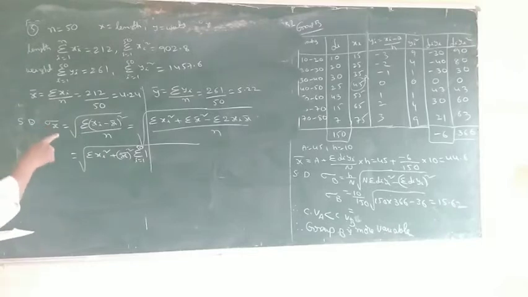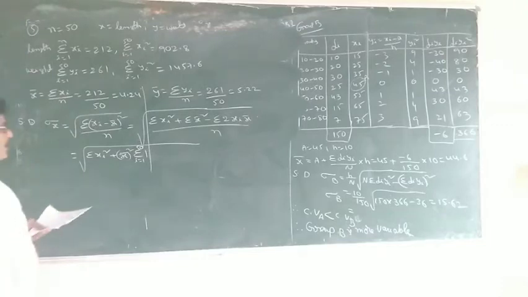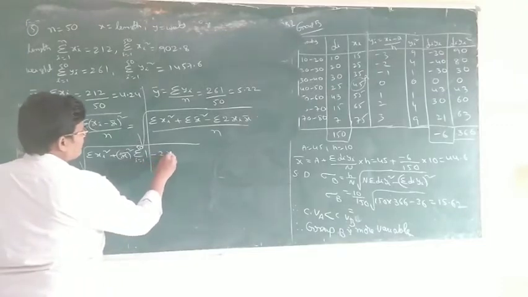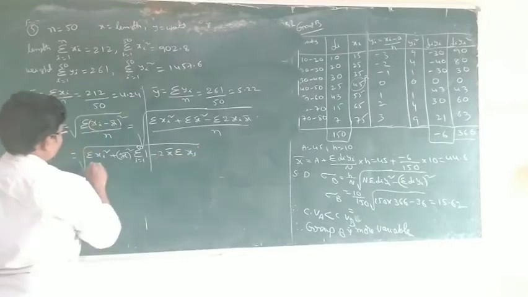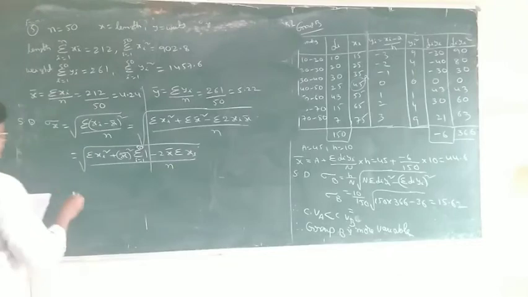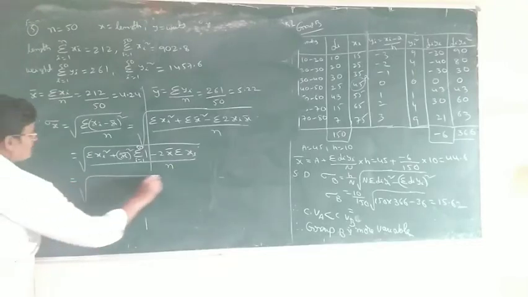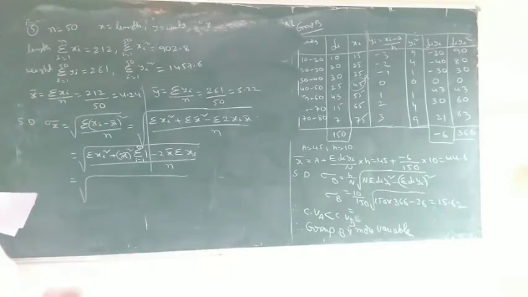Similarly, Σ1 with i equal to 1 to 10 is 10, since ten ones is 10 and fifty ones is 50. So minus 2 into x bar common, x bar into Σxi by small n.